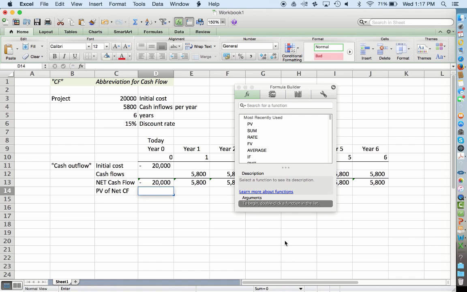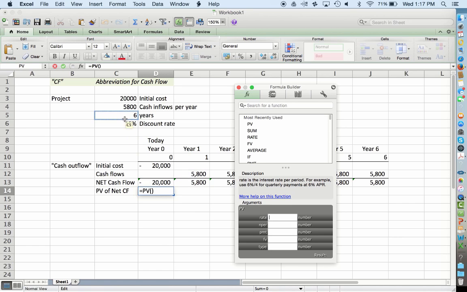It's not a payment because it only happens once. That 20,000 only occurs once. And you want to link to the net cash flow. Okay, if it's a payment, that means it'll happen over and over and over again. It doesn't happen over and again, it only happens once. So now we hit enter.